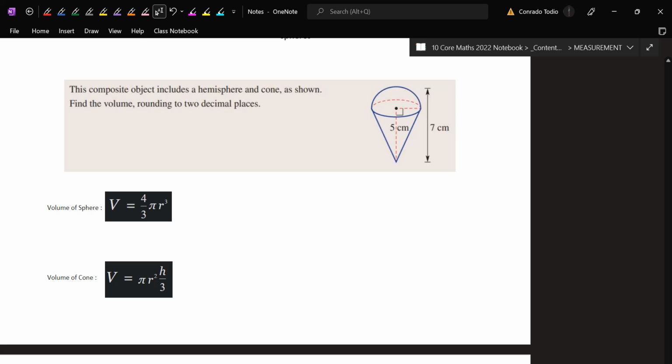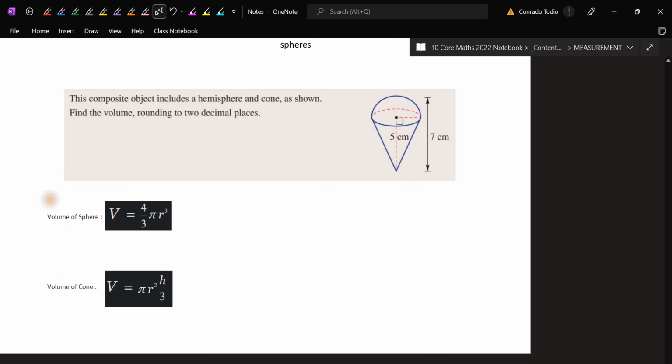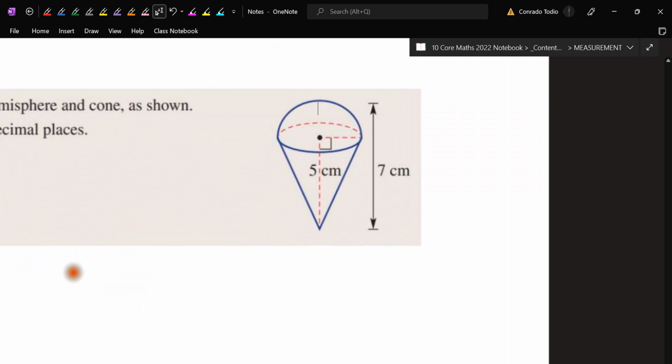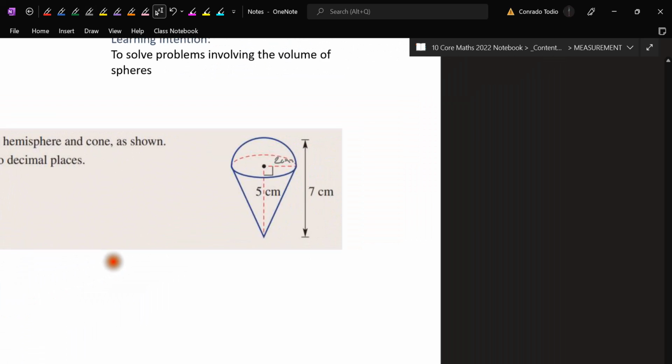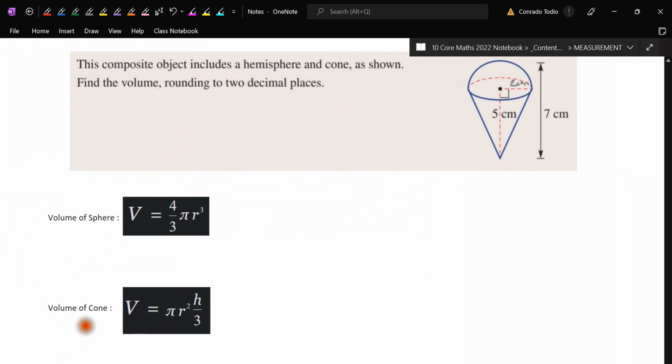Okay. So, now looking at this, you know that the height of the cone is 5. But the whole ice cream is 7. So, what would this height be here? 2, good, which also corresponds to the radius. So the radius for this shape is going to be 2 centimeters. So those are some things that you got to keep in mind. So let's calculate the volume.